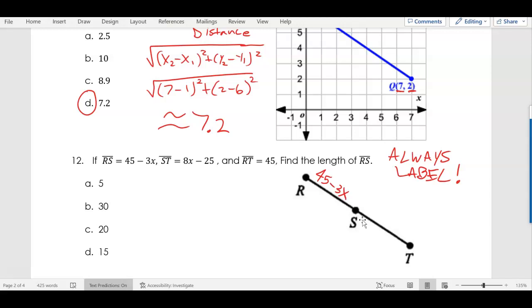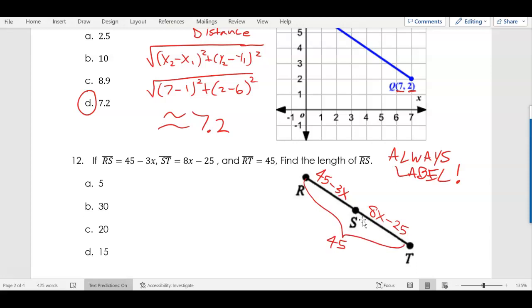Cool. And then ST is 8x minus 25. So between S and T, 8x minus 25. And then it says RT is 45. R all the way to T, 45.